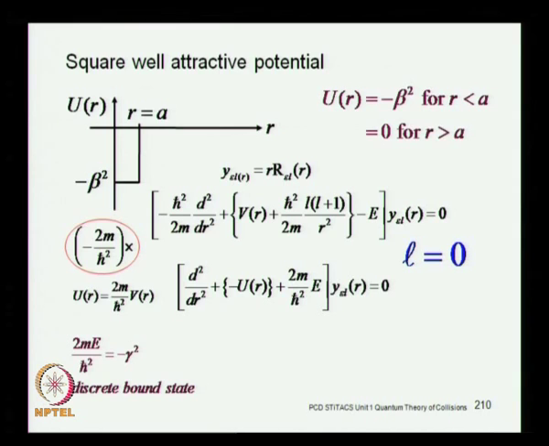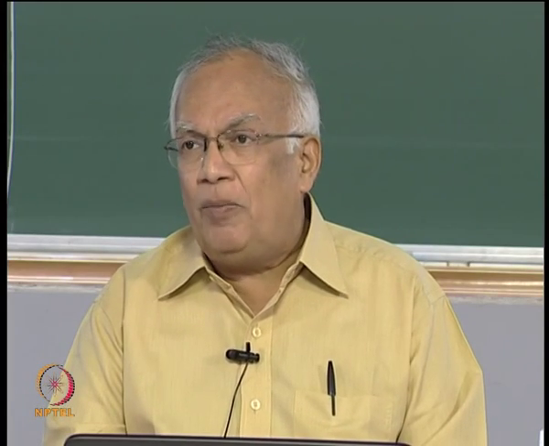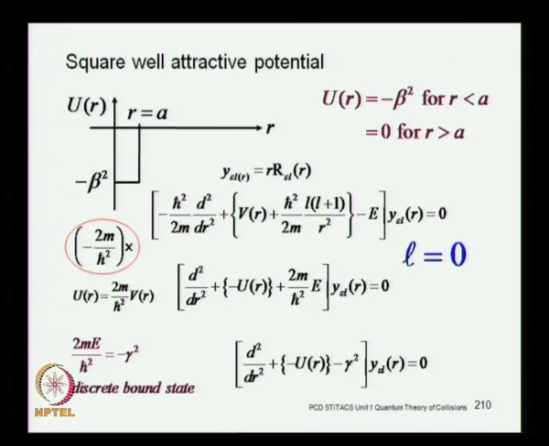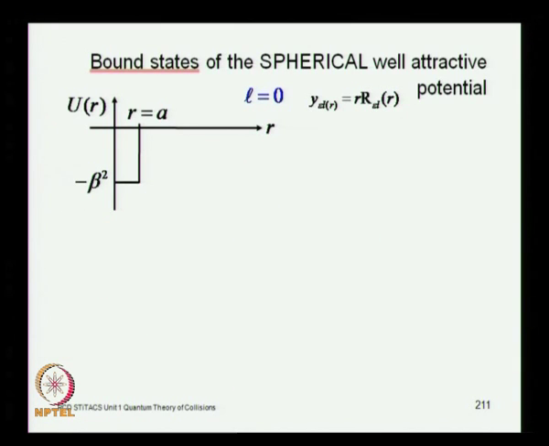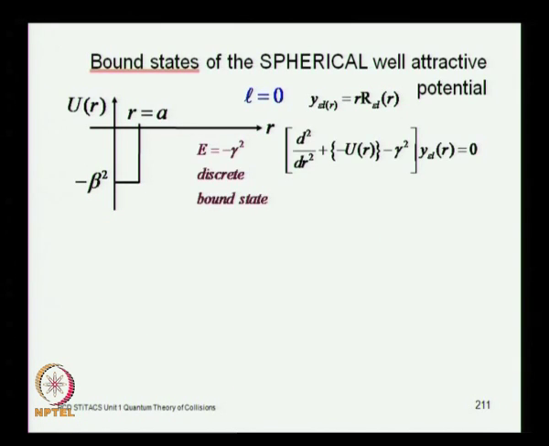The energy is intrinsically negative for discrete bound states, and this explicitly negative energy has been written as minus gamma square, so that its negative nature is manifest. So, this is your differential equation for y, which is little r the distance times capital R, the solution to the original Schrodinger equation.